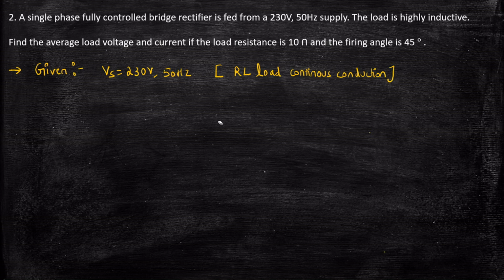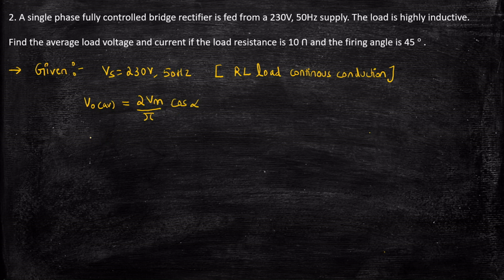What is that we have to find out? We have to find out the average output, average load voltage and the average current at the load. That is basically the average output voltage value they have asked. So Vout average, we know from the definition or from the derivation that we have already considered. So for an RL load operating in continuous mode, Vout average is given by 2 Vm by pi into cos alpha, isn't it?